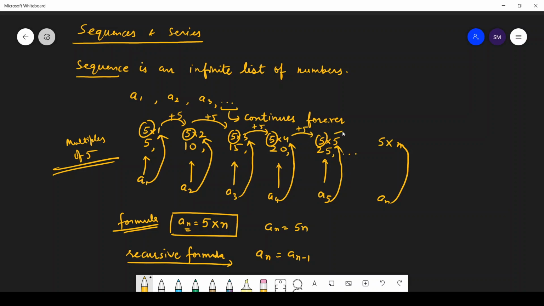Agree, students? This is the recursive formula: an equals the previous term plus 5. The previous term here was 5 into n minus 1, that was your a(n minus 1) term.